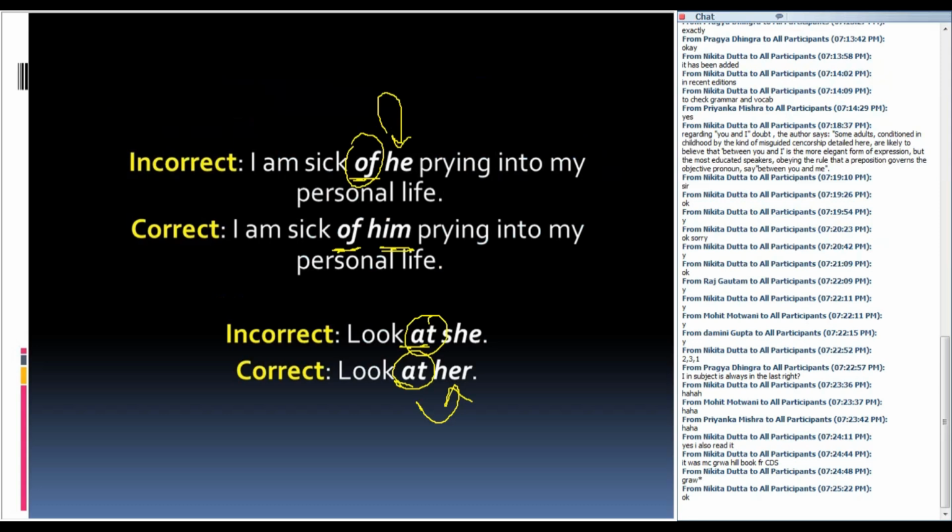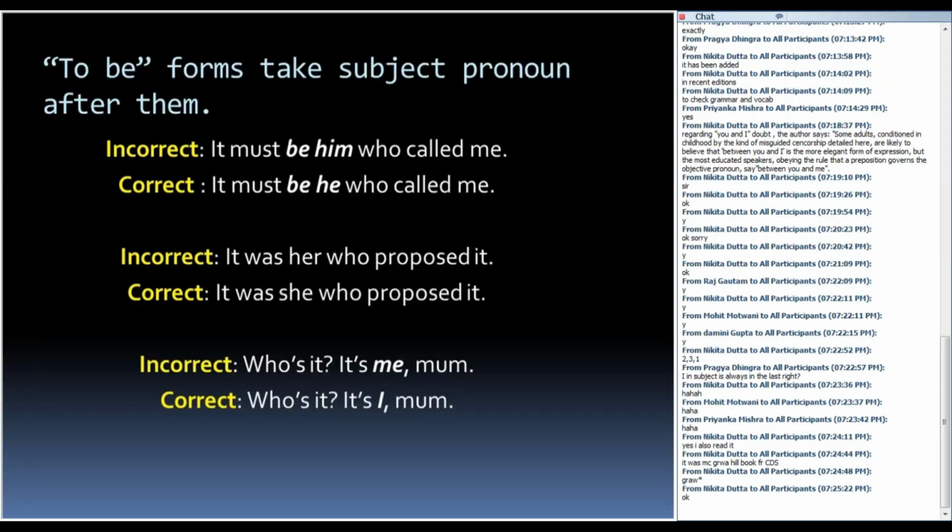Okay? Now, one more thing about case that you need to keep in mind is that whenever you are using the to be forms of the verb, then after the to be forms of the verb, you will have to use subject pronouns. You will have to use the subjective case. What are the to be forms of the verb?